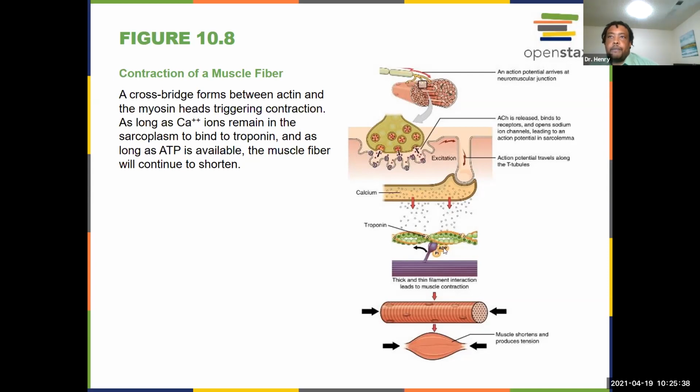Myosin is going to break ATP to ADP. And this is going to cause your muscle fibers to continue to shorten. And that processing of ATP to ADP is going to continue to happen until you run out of ATP to cause that process to occur. And so in that case, the muscle shortens, we're going to get contraction, and then it's going to make tension.